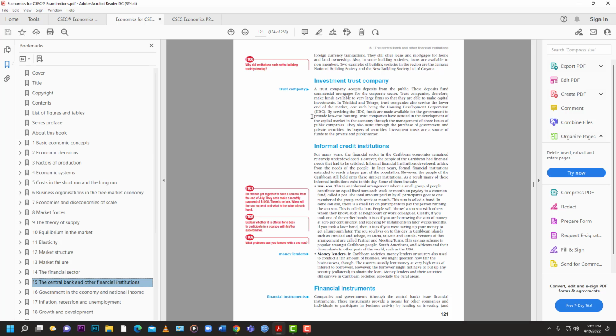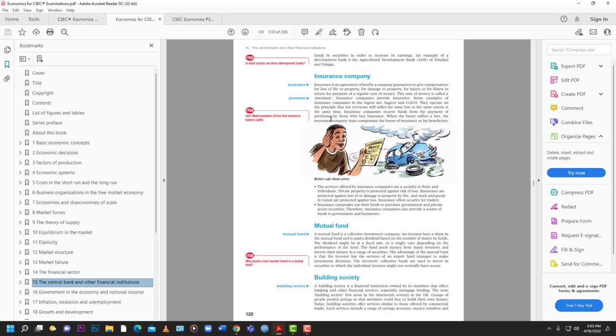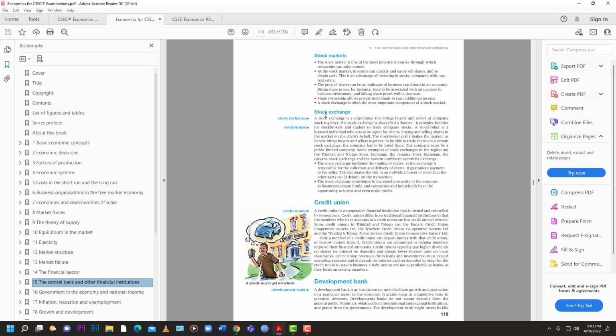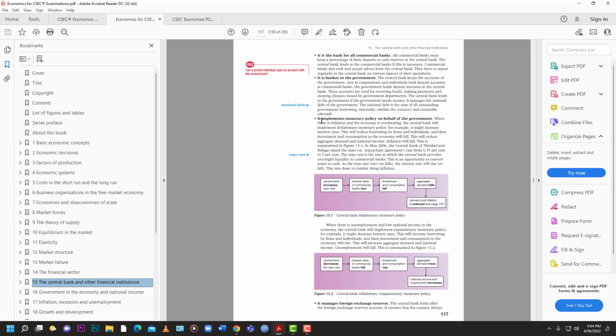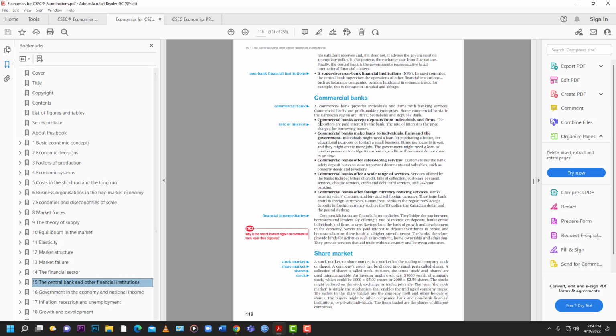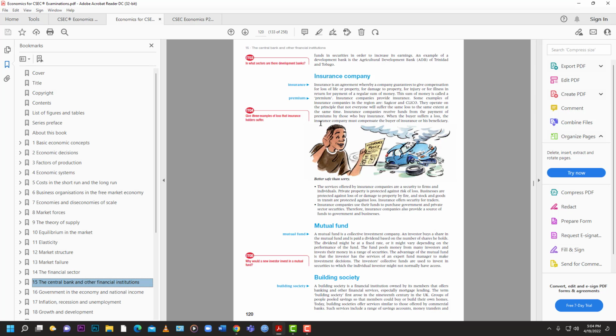Those are all examples of financial institutions. All those are part of the financial system. Some of them are intermediaries between the borrower and the lender. So you take any 3, list them, and you have your answers.